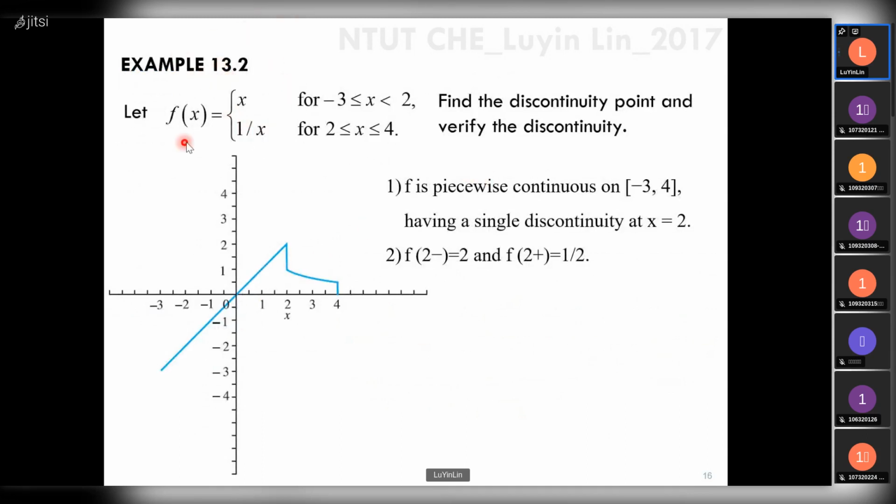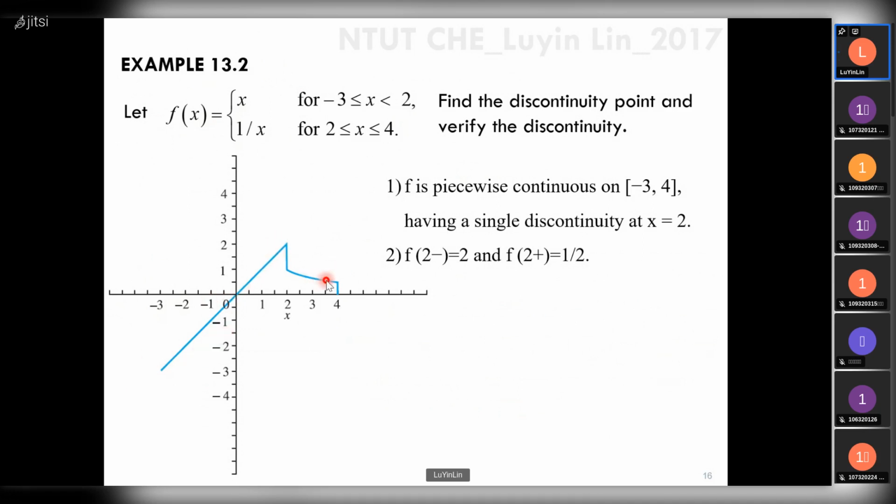Okay, so let's see some examples. This one, f of x is composed of two equations. One is x, the other one is 1 over x. And the range is from -3 to 2 and 2 to 4. So from -3 to 2, f of x equals x, y equals x. This segment.